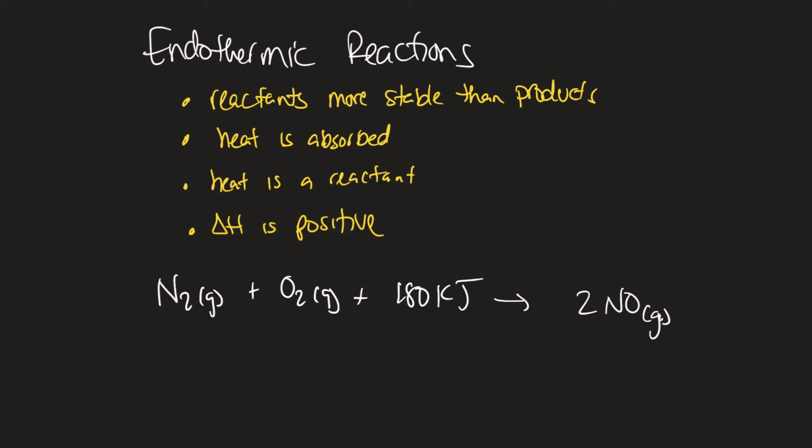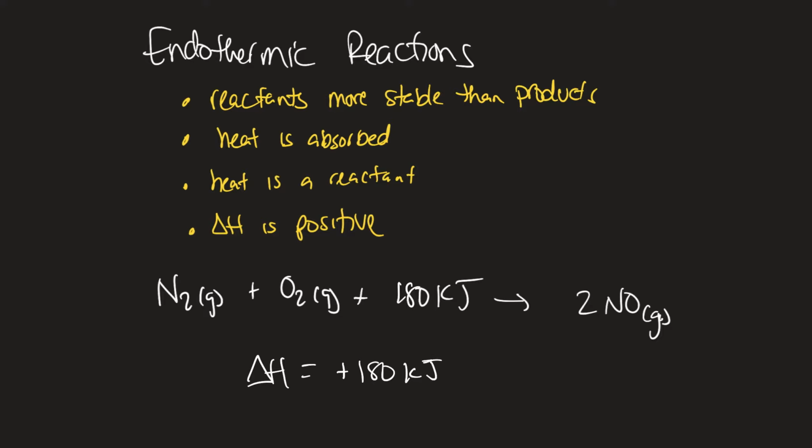As I said, one way to show that it's an endothermic process is the amount of energy that is needed, which you can see on the reactant side. Or sometimes it will give you the delta H. Because this is endothermic, this delta H will be positive, so we have a positive 180 kilojoules.